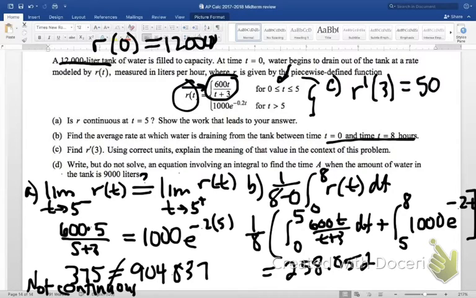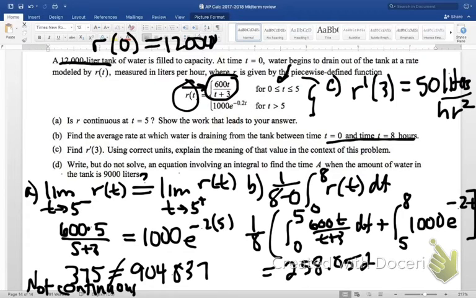Now, R of t is measured in liters per hour, so the derivative would be liters per hour squared. Okay, now, using correct units, explain the meaning. Again, I'm not writing this out because I don't have space, but you would say R prime of 3 is the rate at which water is draining out of the tank at time t equals 3 hours.